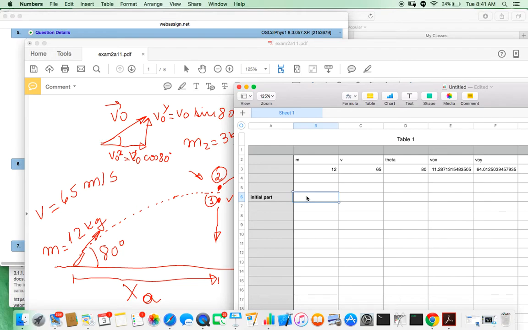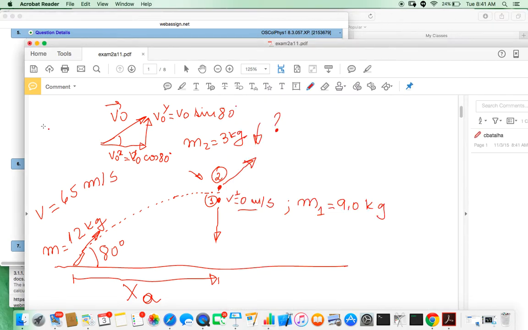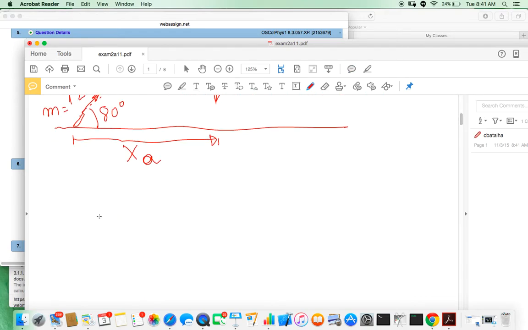In the initial part, the time can be calculated how? How can we calculate the time? So let's go back here to our work area. Let me pull this down. So we can use, for instance, in the y component, V naught y and V final y and the time.